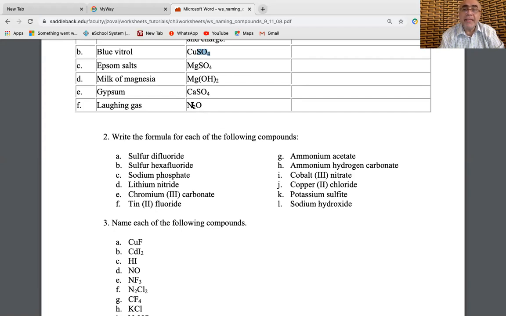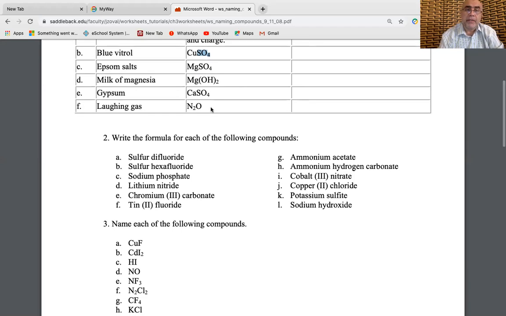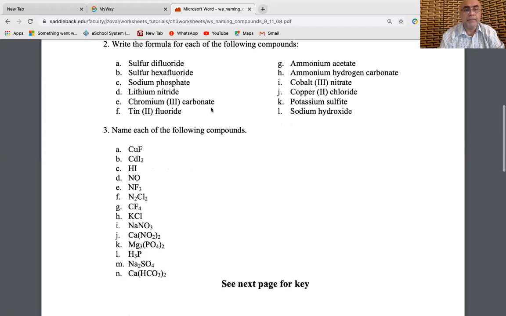Or nitrous oxide. Okay, dinitrogen monoxide. Mono, that means one. Mono, di, tri, tetra, penta, hexa, and so on. Okay, let us complete. Then back again to how we can write the formula.